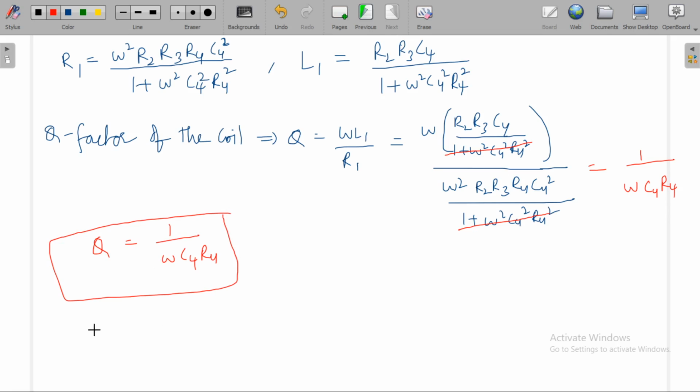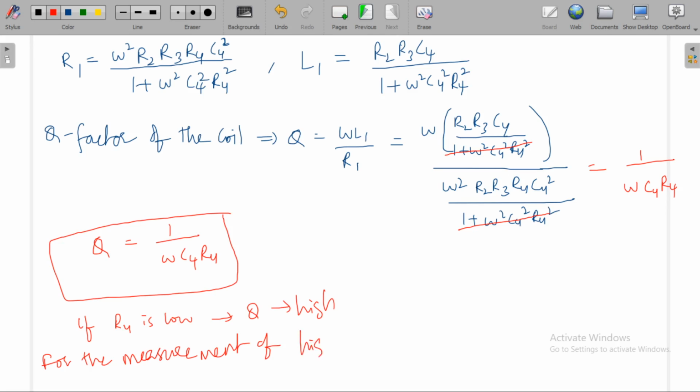Now if R4 is small, if R4 is low, it means Q will be high. So for the measurement of high Q coils, low resistance, that is R4, is required.